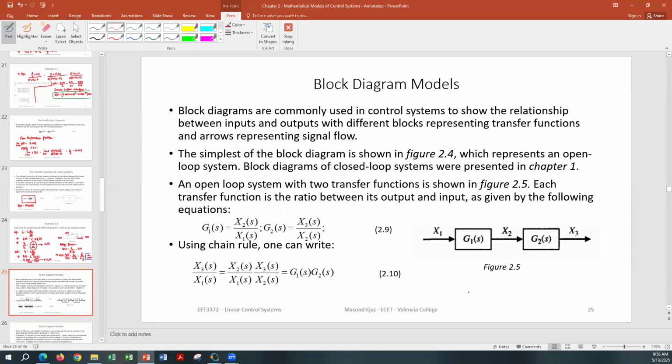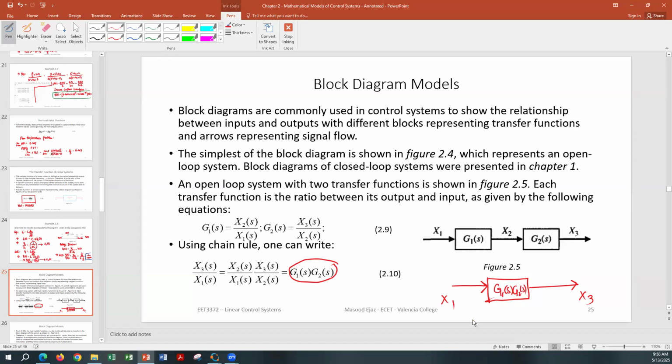If you want to combine both into a single block, with x1 as the input and x3 as the output, using the chain rule you can multiply the transfer functions of the two blocks in cascade and replace them with a single block, G1S times G2S.